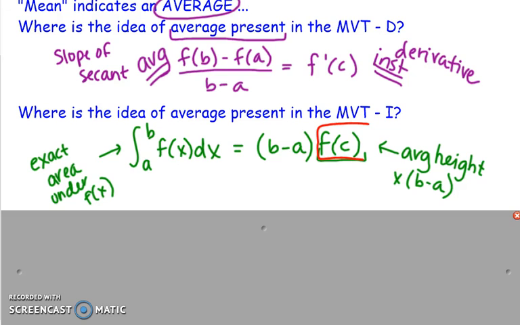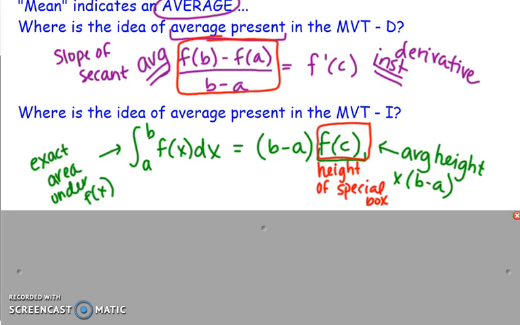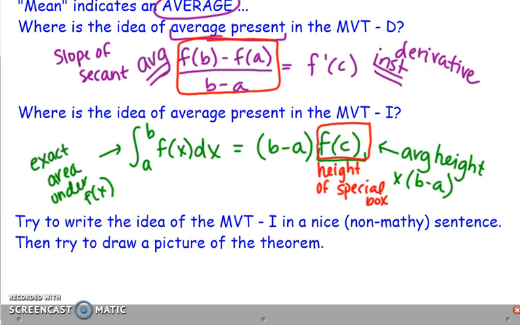So this is the part that the average shows up, just like this is the part that the average shows up. Right? So again, we're talking about f of c being the height of the special box, which will be drawn in red in just a second. All right, so thinking about a sketch.